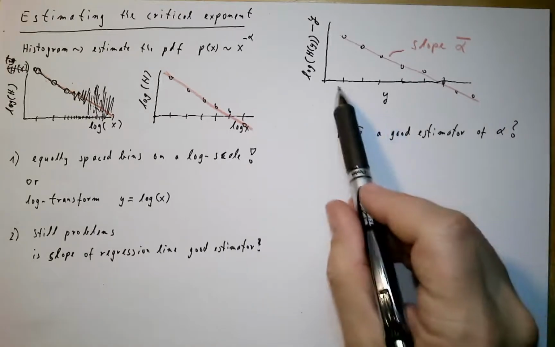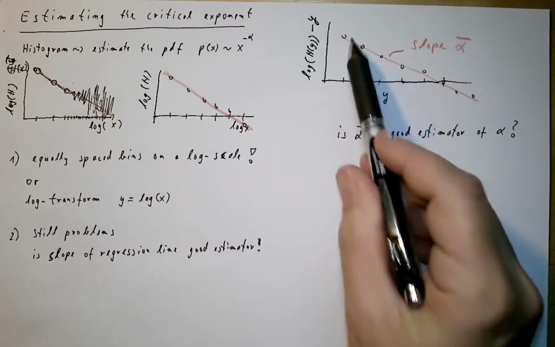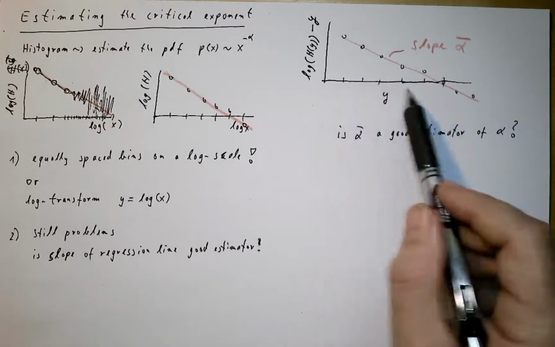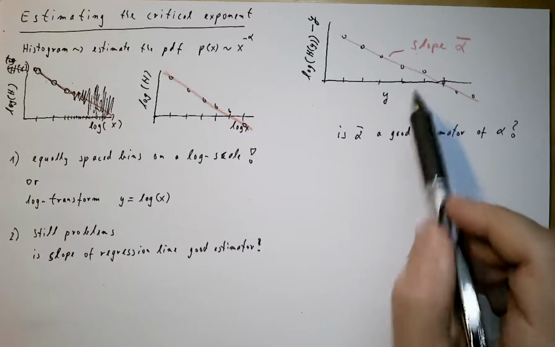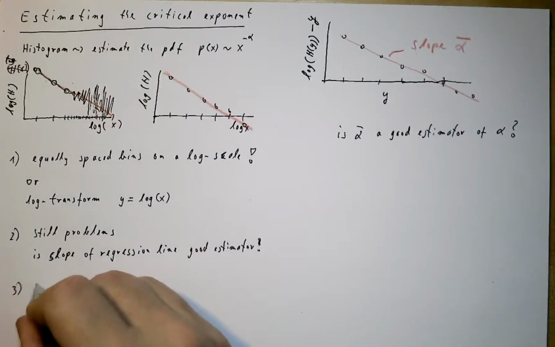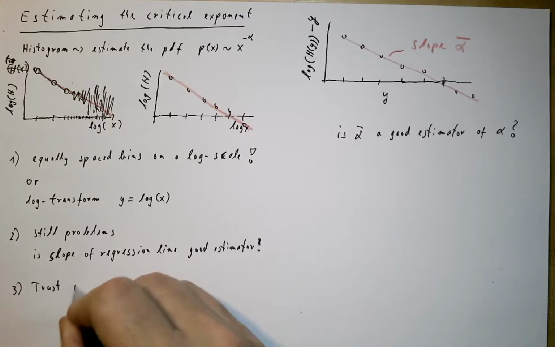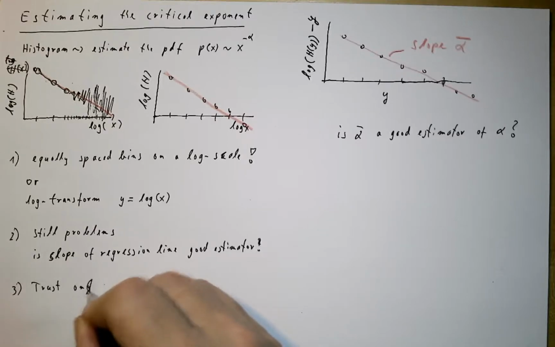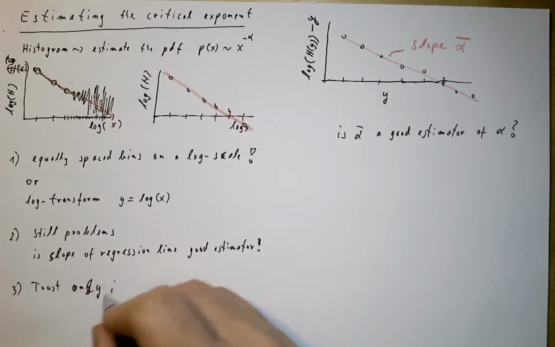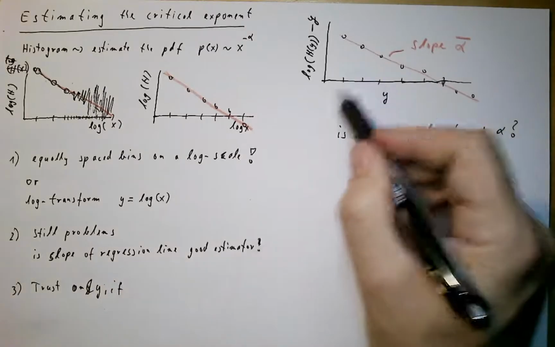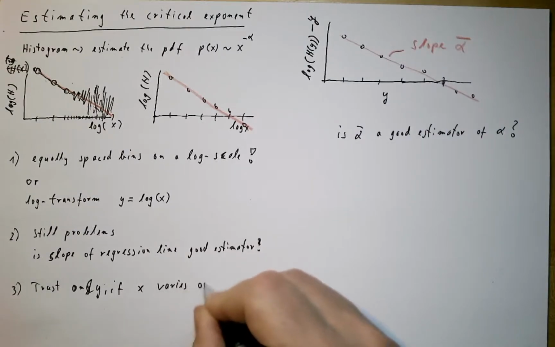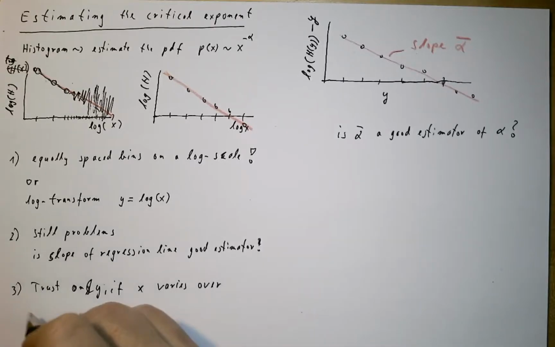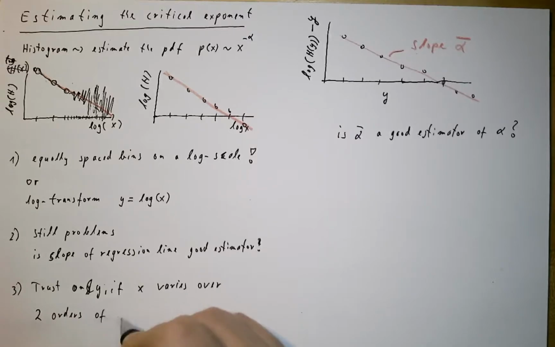But then the thing is, you would always find a straight line on a double logarithmic scale if you don't have many orders of magnitude. So you can trust this only if x varies over at least 2 orders of magnitude.